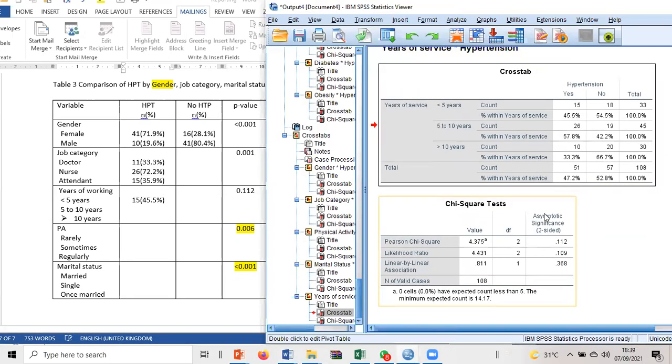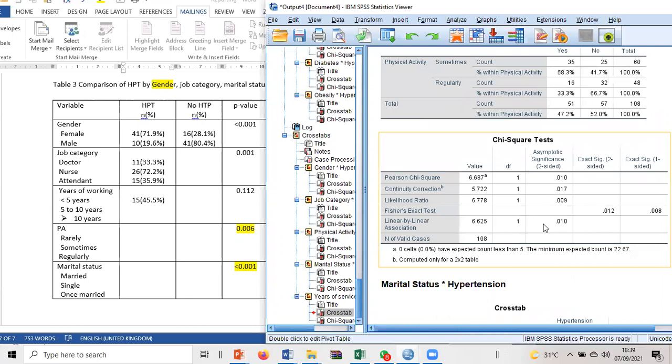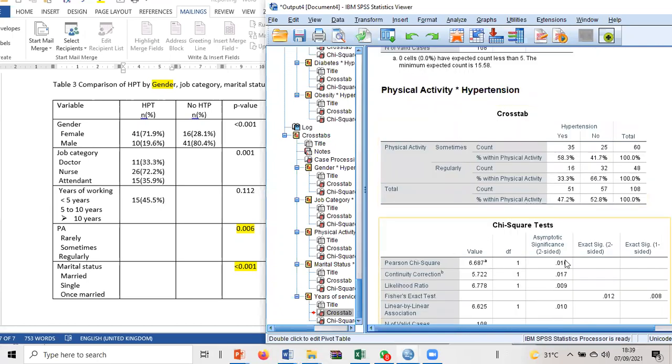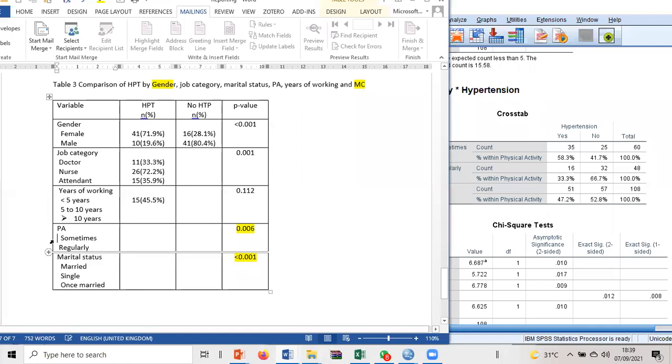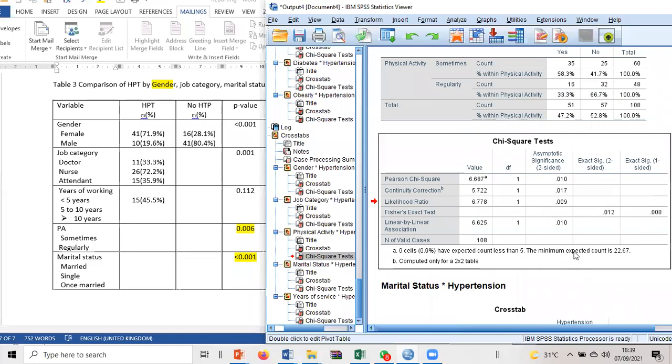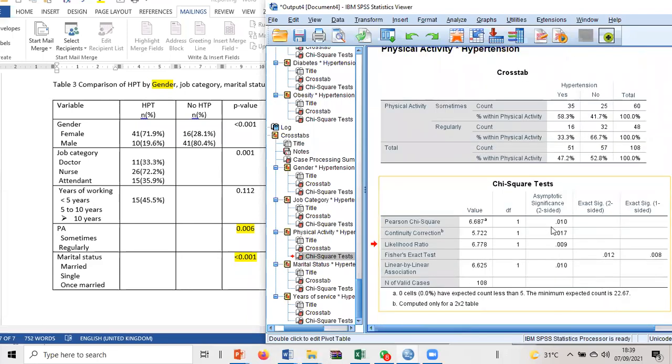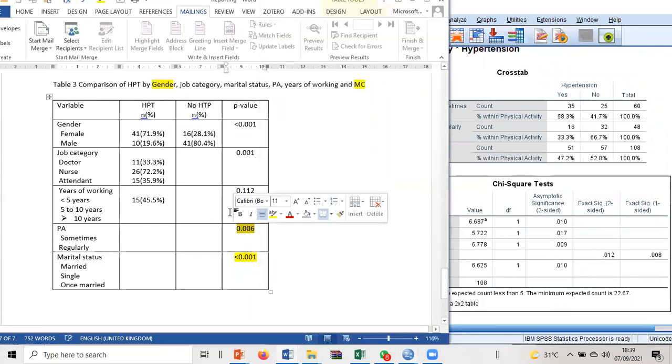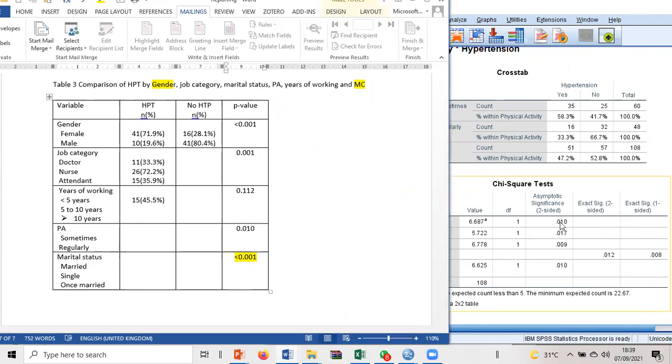Next, physical activity. Unfortunately, I need 2 levels, which I recorded just now. Is this significant? What's the p-value? 0.01, is it less than 0.05?